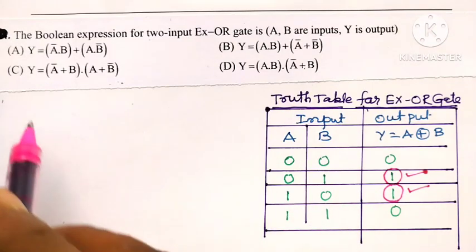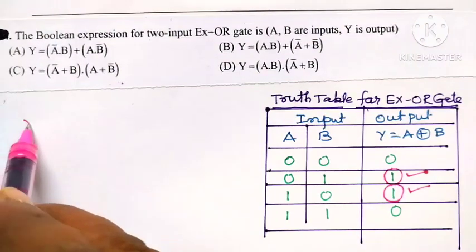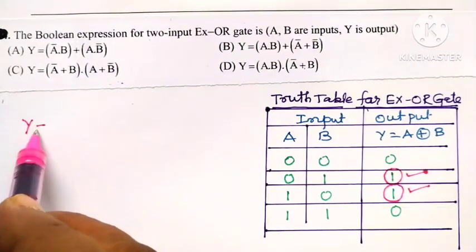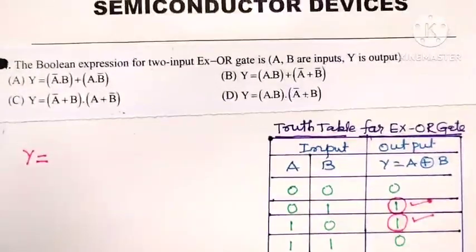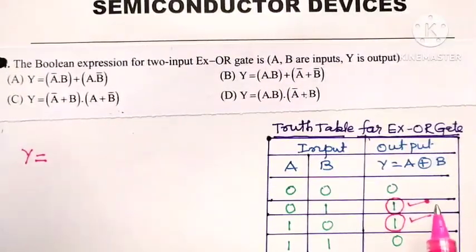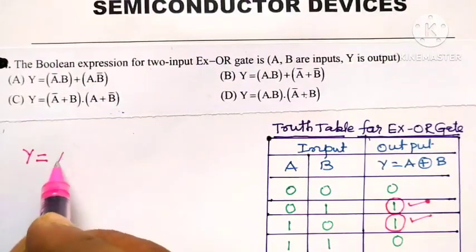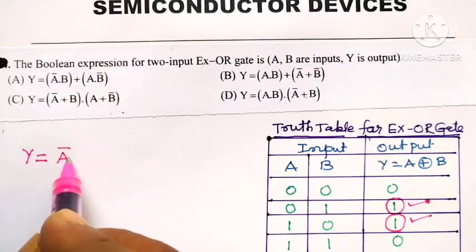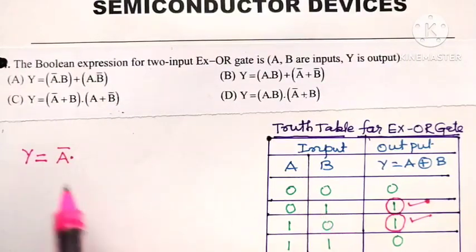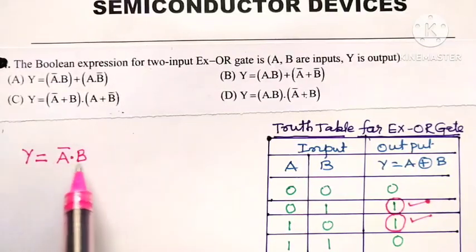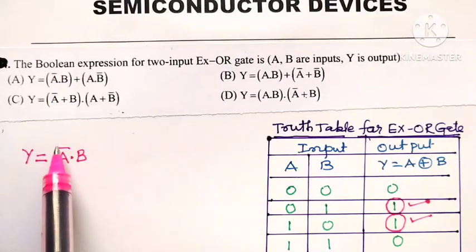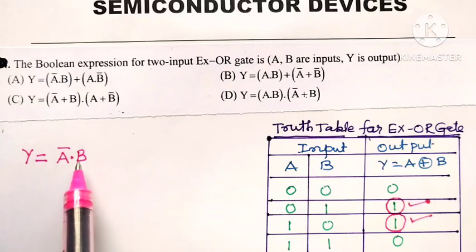So, from the truth table, we can write the Boolean expression for output Y. Here the output Y is 1 when input A is 0 and B is 1. A is 0 means A bar is 1, and B is 1, so A bar dot B. See here, A is 0, B is 1, the complement of 0 is 1, 1 into 1 is 1.